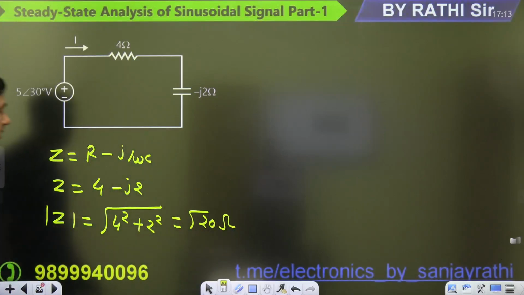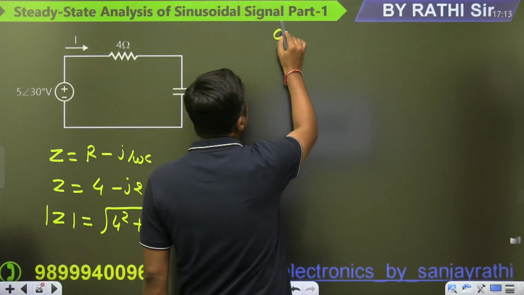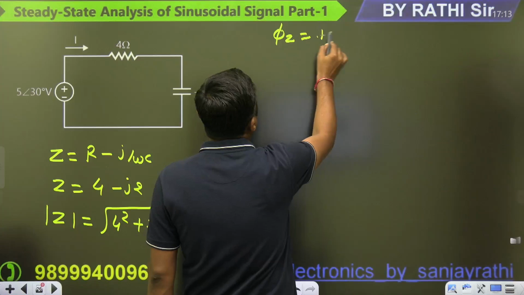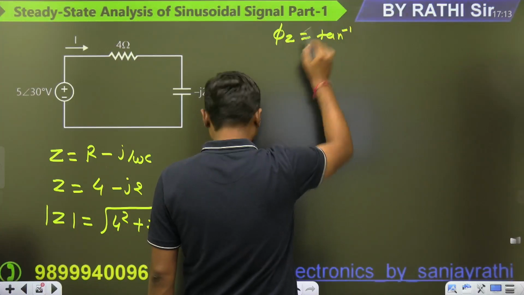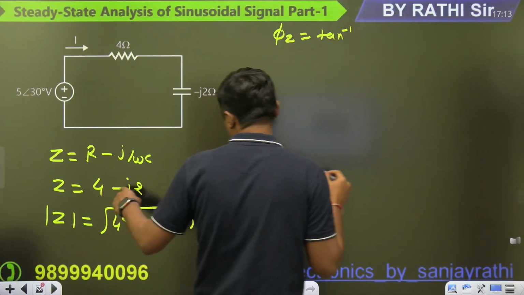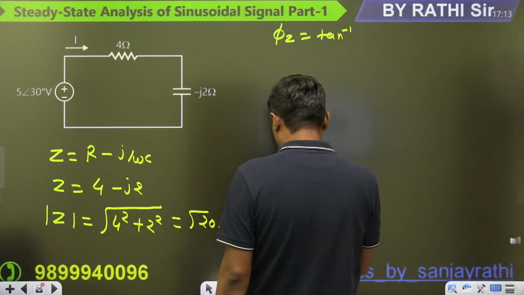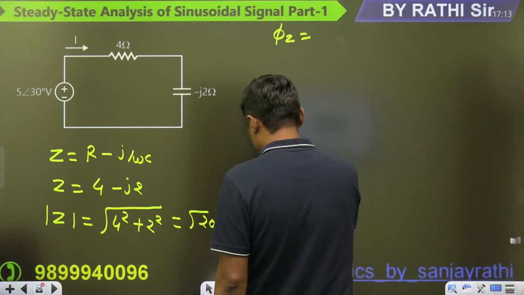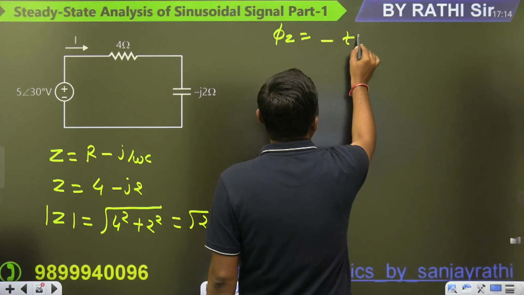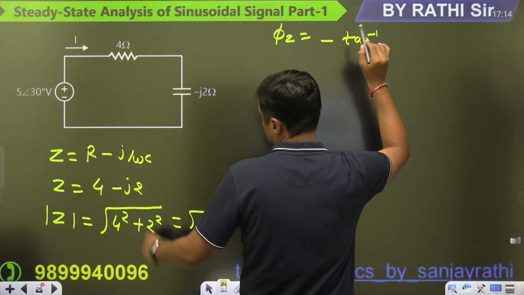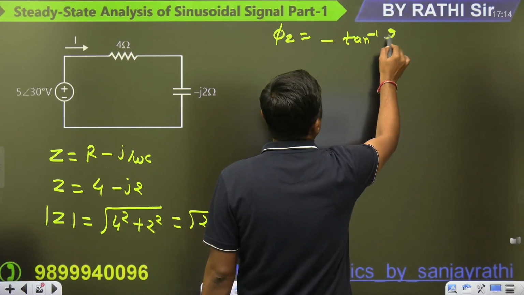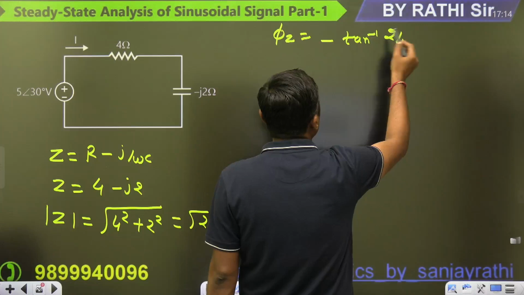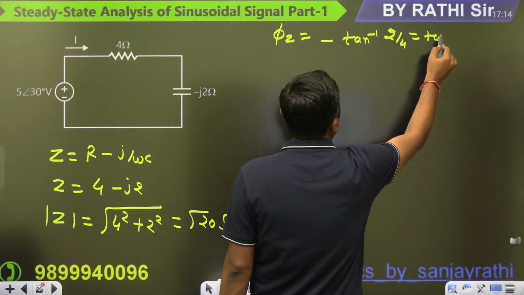What is the angle here? Tan inverse of imaginary upon real, and since the imaginary part is negative, the overall angle is negative. It will become tan inverse of 2 by 4, tan inverse of 1 by 2. What is the tan inverse of 1 by 2?